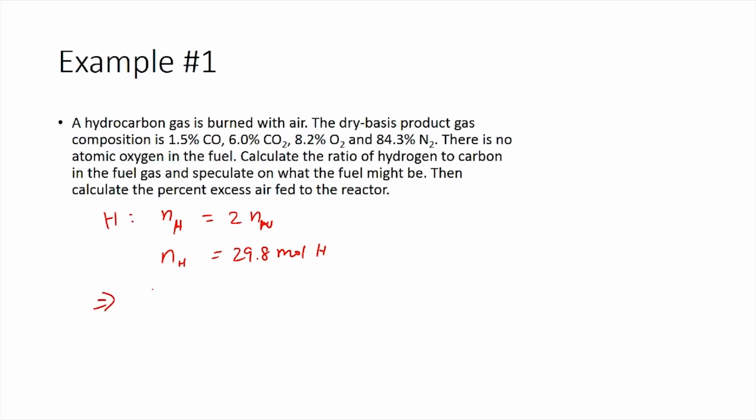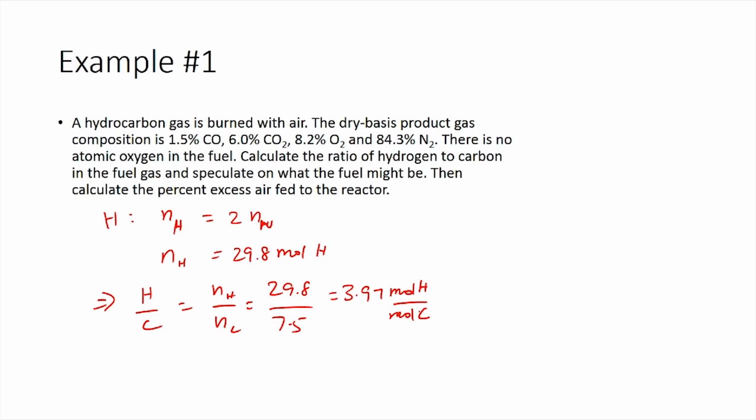So, this implies the ratio of hydrogen to carbon, NH divided by Nc, would be 29.8 divided by 7.5. This comes out to be 3.97 moles of hydrogen per mole of carbon.